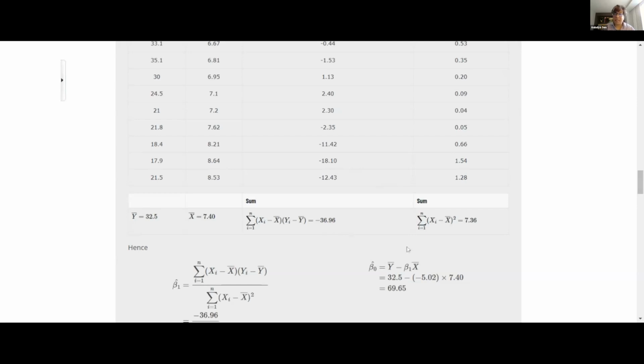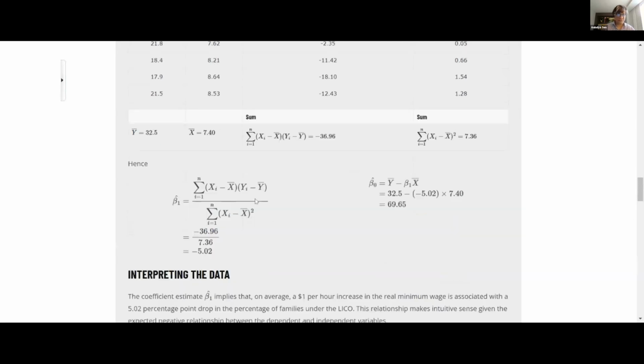And this is the denominator, 7.36. So all I do is substitute it back into this formula, as you can see, right? The numerator is negative 36.96. The denominator is 7.36. And when you do that, you get the value of negative 5.02.